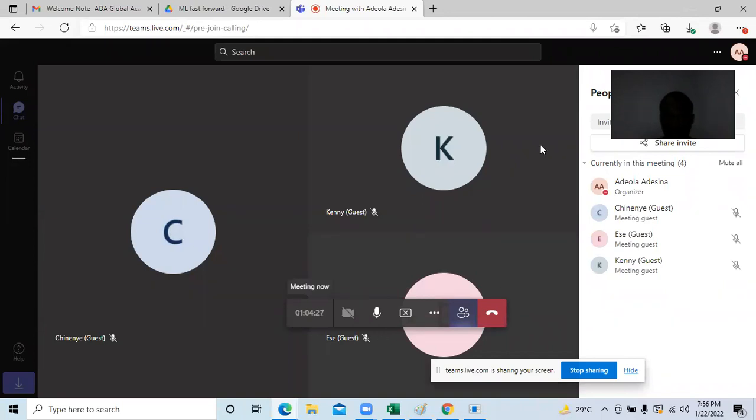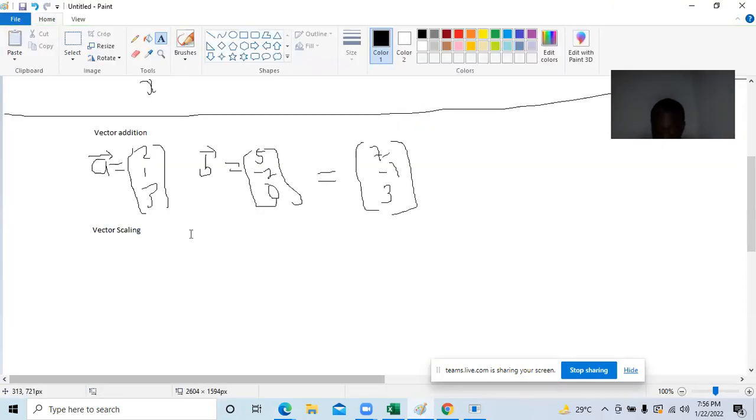I remember I taught you vector scaling in the last class. For example, we have a random vector A. Vector scaling is just multiplication of a vector by a scalar quantity. For example, we have 3 times vector 2, 1, 3.